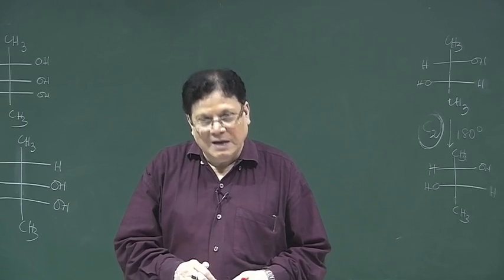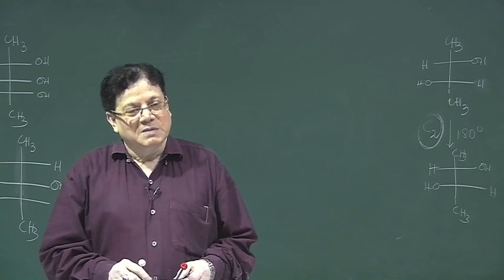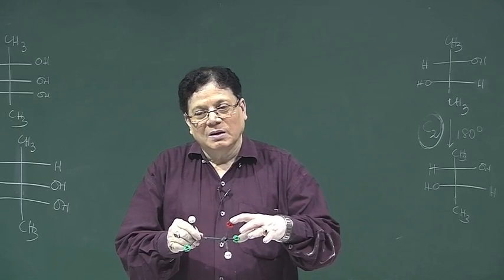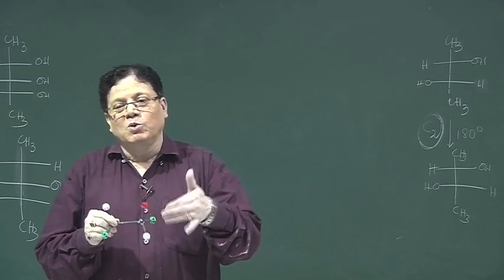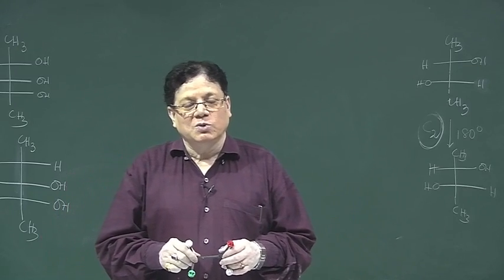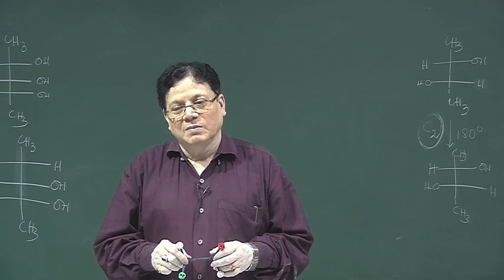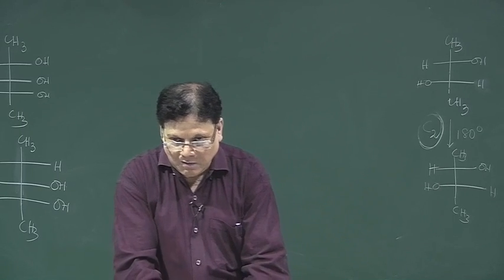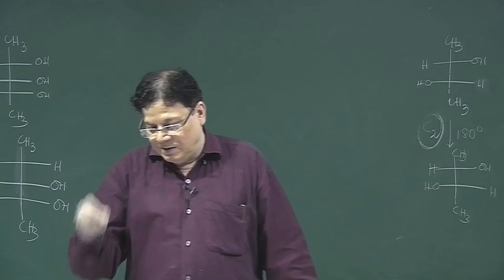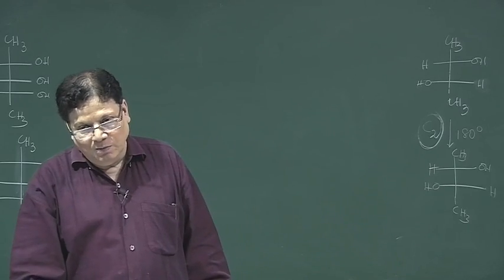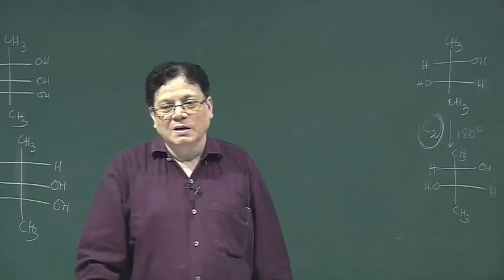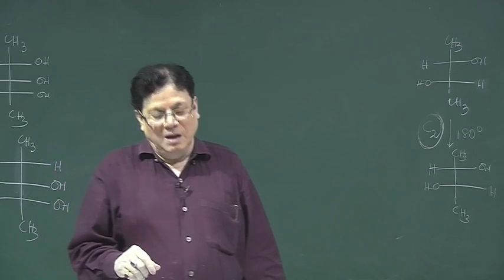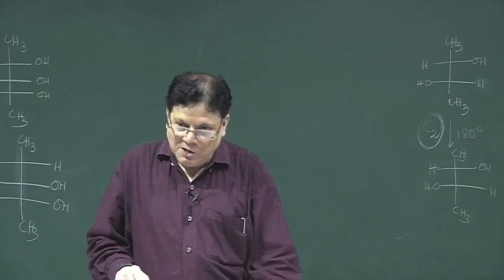A stereogenic center is a center where interchanging the position of 2 groups gives rise to a stereoisomer. Again I repeat, what is a stereogenic center? A stereogenic center is an atom which is attached to different ligands, and if you interchange the position of the groups, you get a stereoisomer.